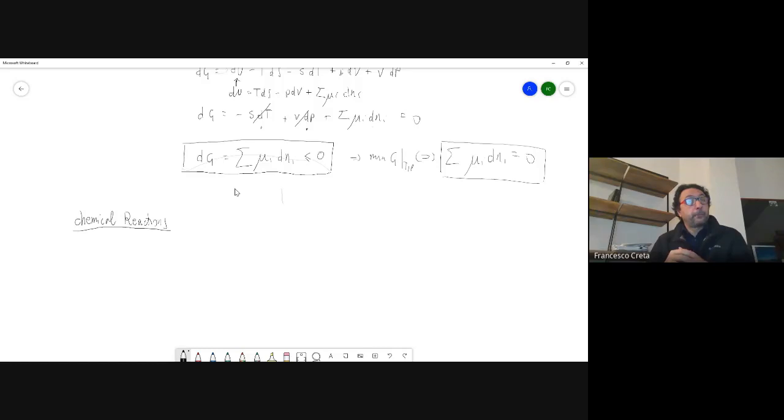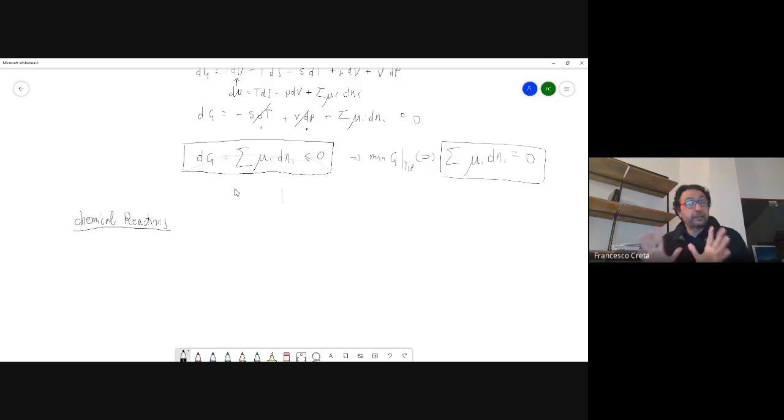On the other hand, a general chemical reaction, which is a stoichiometric statement between all the different molecules, can involve, in principle, any number of species, as long as you're conserving the overall number of atoms between them.